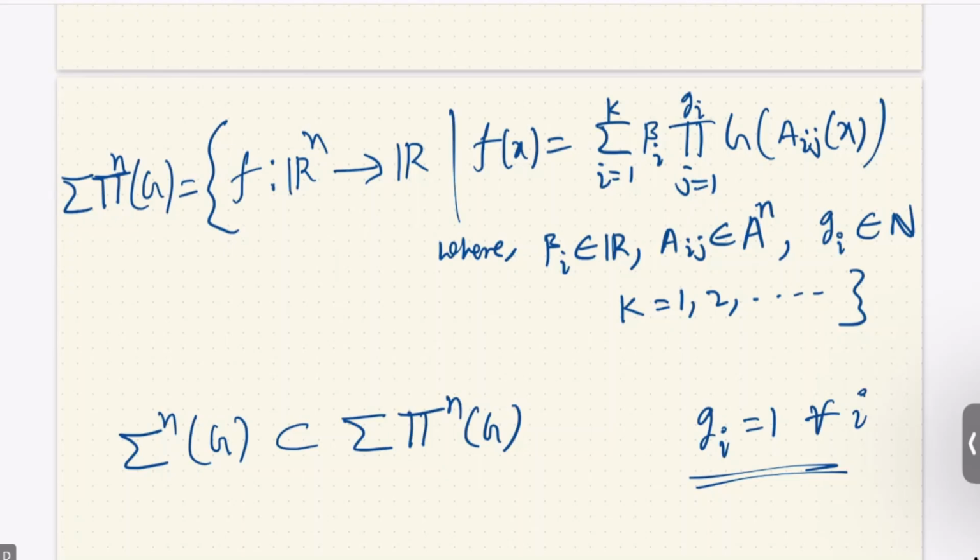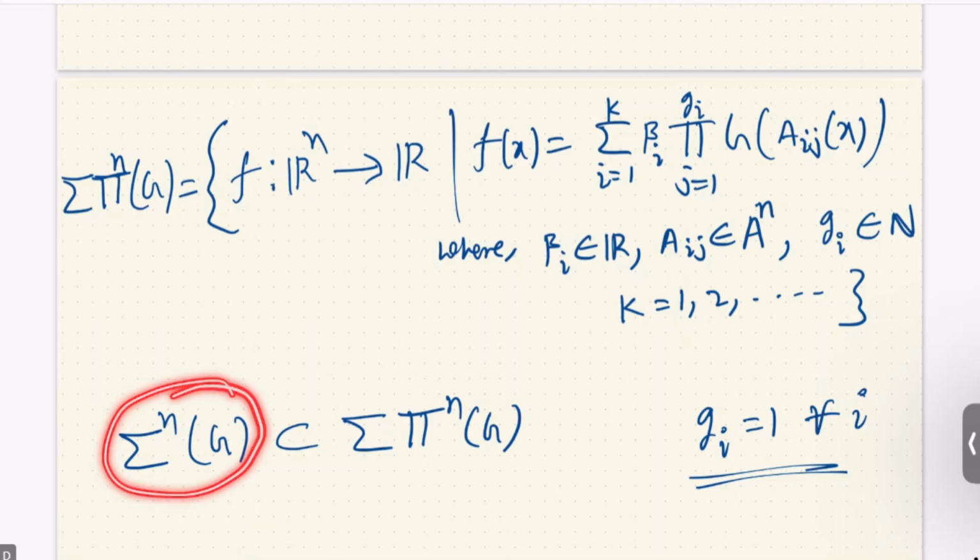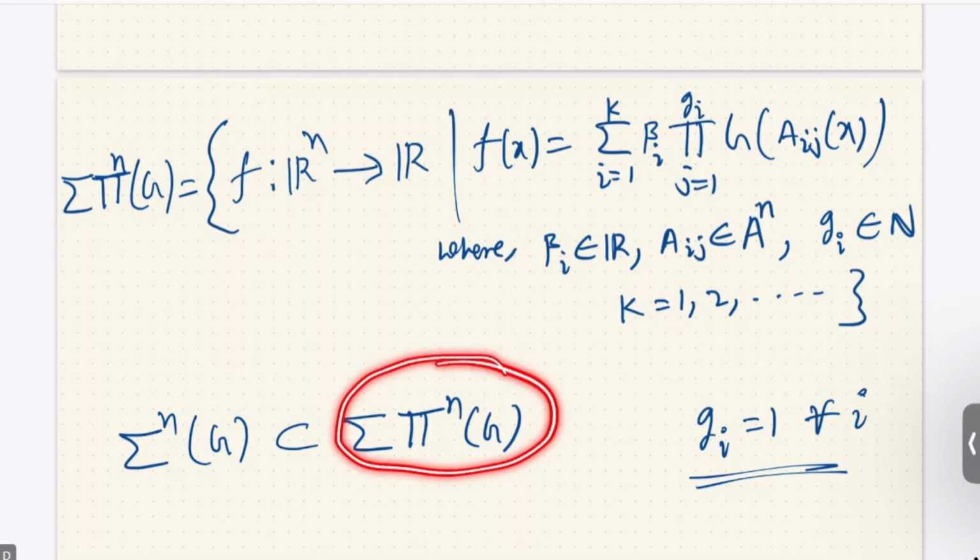Okay, this is a huge class. And this is our special class. What so far we discussed is the special class, that is classical ANNs, artificial neural networks, with single layer or multi layers. And this is sigma pi nets, which is a bigger class of neural networks.